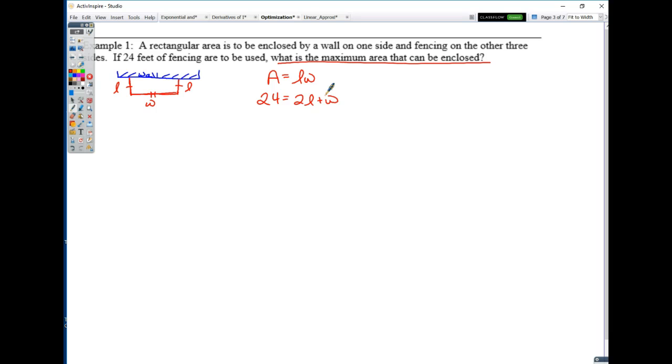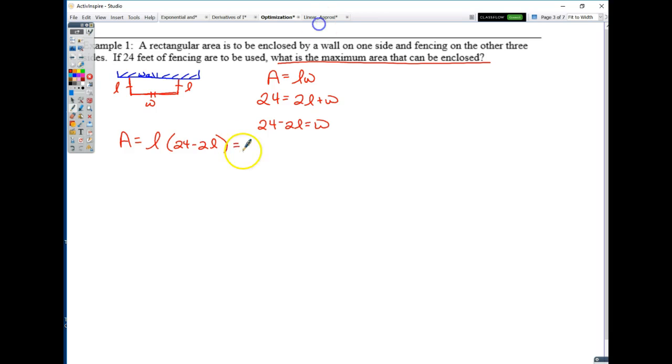We've got all of this. We're ready to go. We can actually start working with some of what we've got. I'm looking at this. I want to know maximum area. So what I'm going to do is I'm going to realize that 24 minus 2L is W. And the reason why I did that is W is a whole lot easier to solve for than L. And now that I have this, I can actually write an equation for A such that it's in 2 variables, length and area.